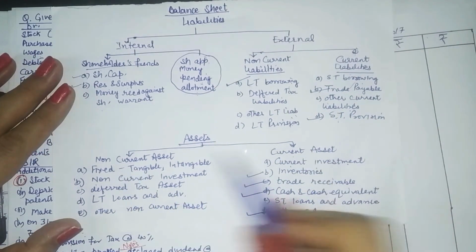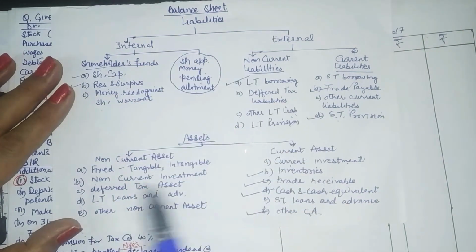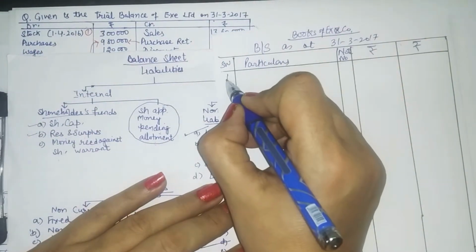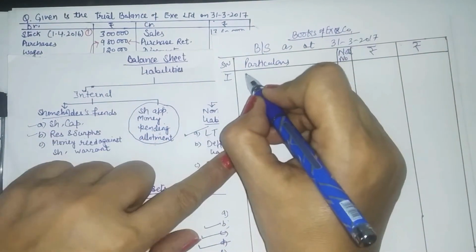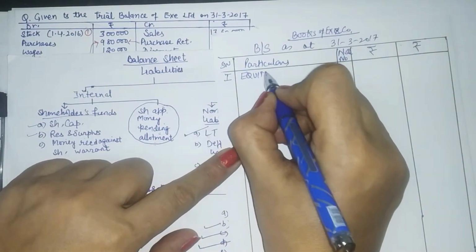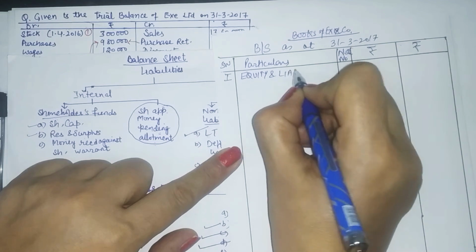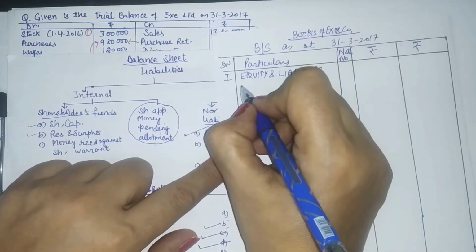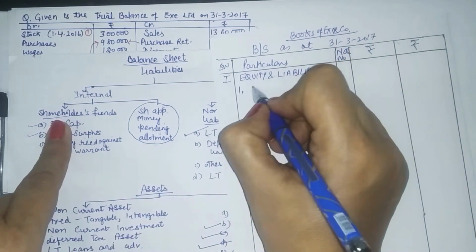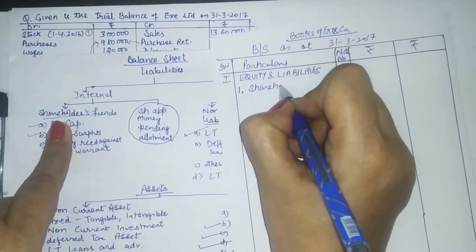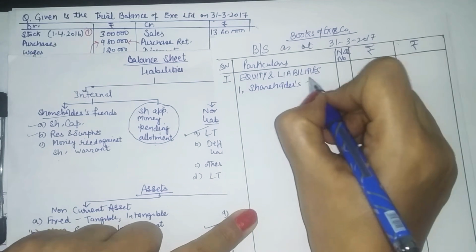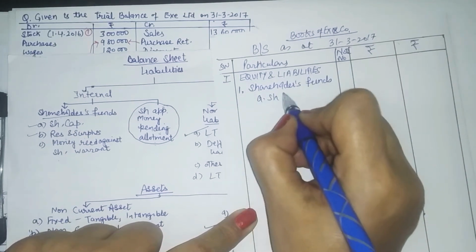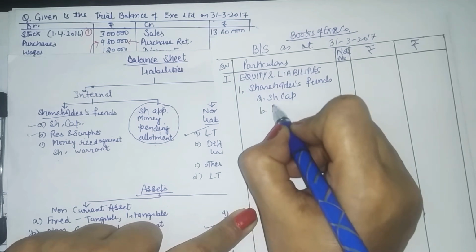Likewise, assets have two main categorizations, then subcategories. So if we are to make a format of the balance sheet, our first heading is equity and liabilities, which includes first shareholders funds, which includes share capital, reserve and surplus.